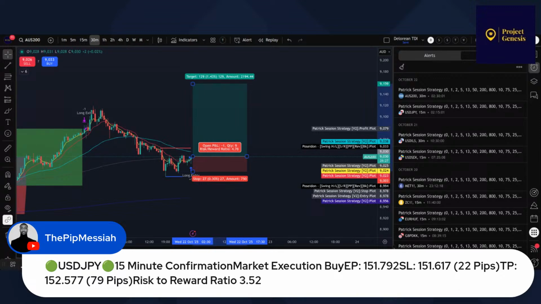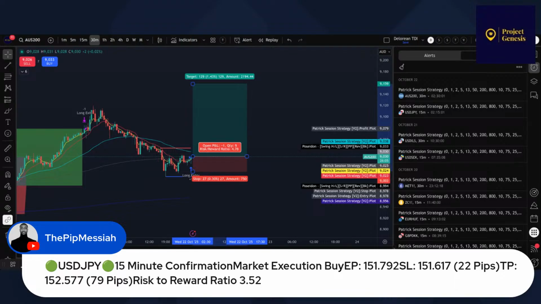Just going to be a 4.78 risk to reward ratio. Entry price is at 90.30. Stop loss is at 90.03, 27 pips.